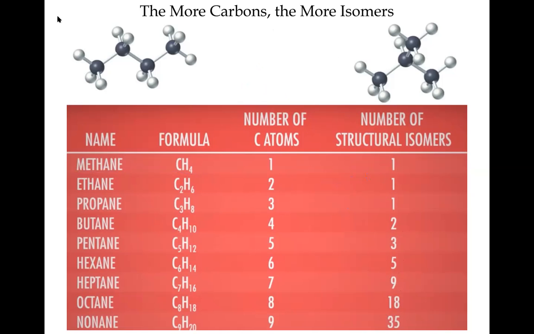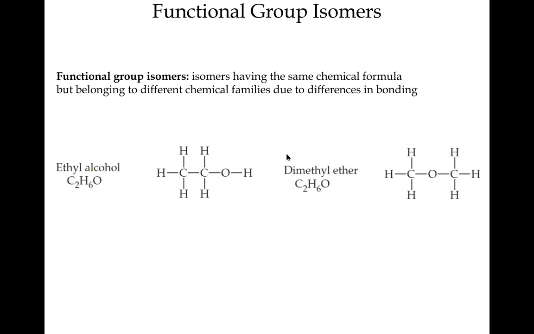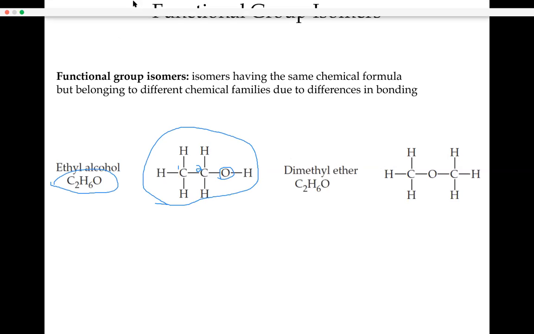for the molecule. It turns out that functional groups can also have isomers. If we have a formula of C2H6O, we could write that out like this: 2 carbons, 6 hydrogens, and 1 oxygen.